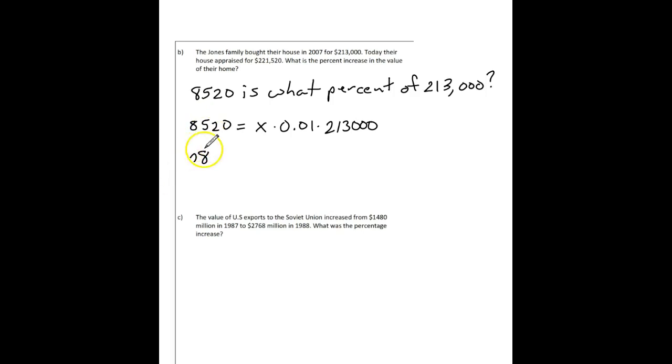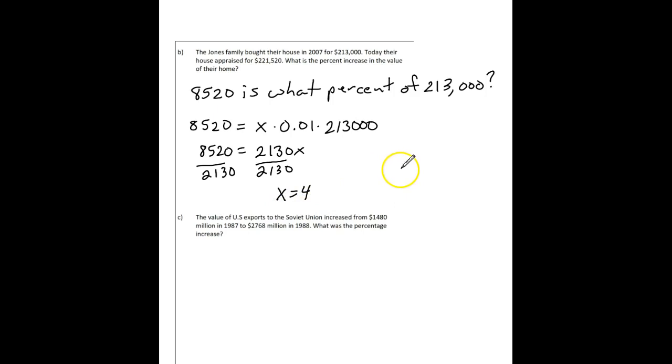Oops, got a little ahead of myself there. Remember that 8,520 comes from figuring out how much it actually went up. Okay, and then we're going to solve. And what do we get? You're probably a little bit faster than me in typing it in, but we get x equals 4.